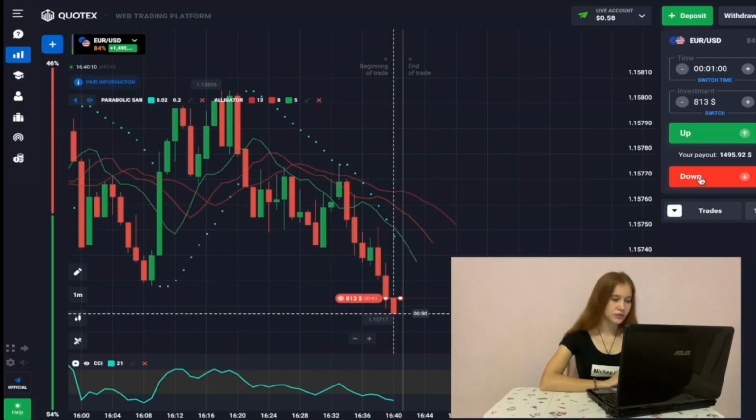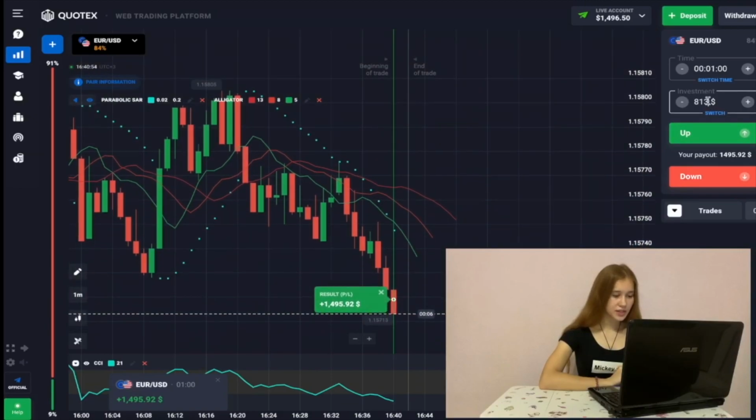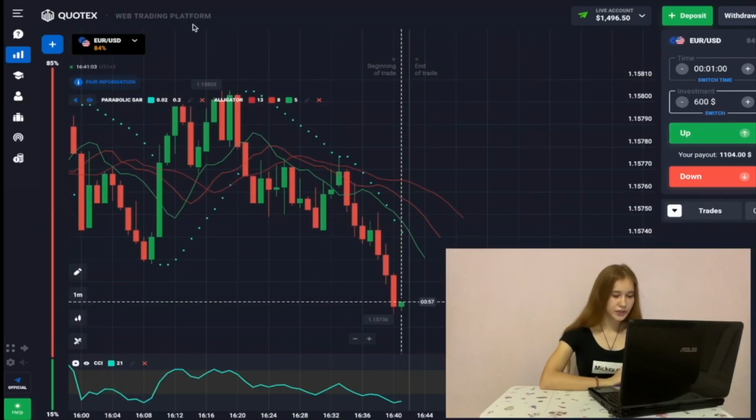Now we can confidently open along the trend as the alligator and parabolic indicators indicate to us. Let's wait for the completion of our deal. So we successfully close our trade.